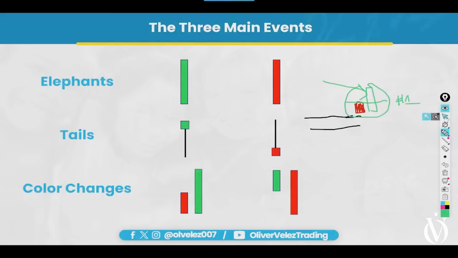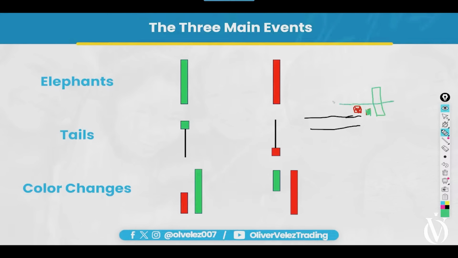Now, you don't need it back to back. We teach them you don't need the color change back to back. You can have something like this, guys. Like, look, let me show you. First, the first bar is red. Maybe even the second bar is red. And then you get the color change. Boom. Or this can be a smaller green first, but you need to take out a red.